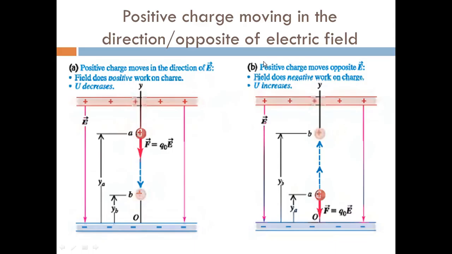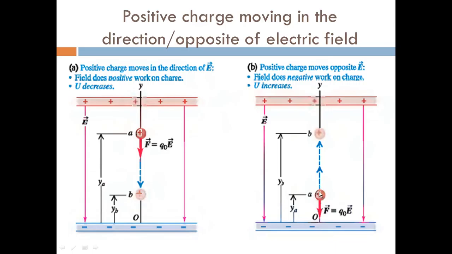Now, doing the opposite, if you have the same positive charge, but this time the movement is from point B to point A, the force is still going downward because the upper plate is positive and the lower plate is negative. The plates still cause the object to experience a force downward.